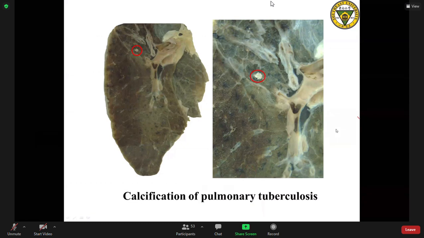But if we use microscopy, can you guess what color? If you use microscopy, what color about the calcification area? Blue or blue-gray. It may be blue or blue-gray deposition particles deposit in our HE staining.